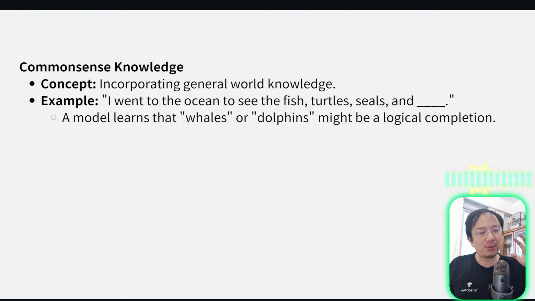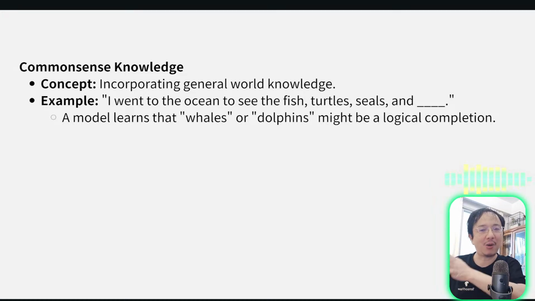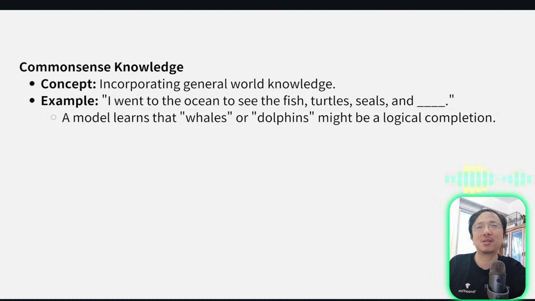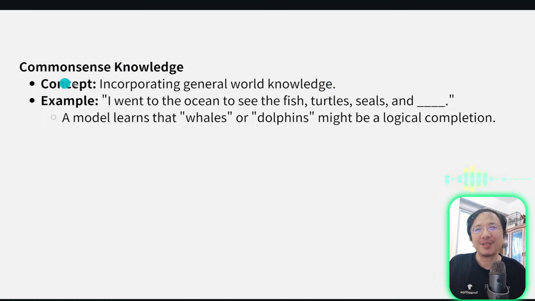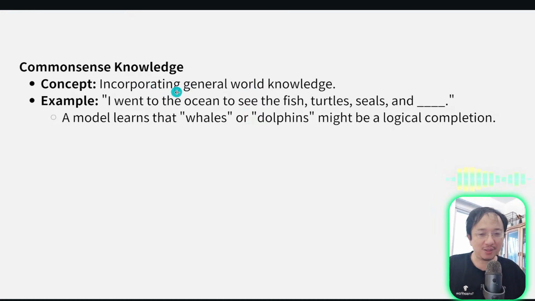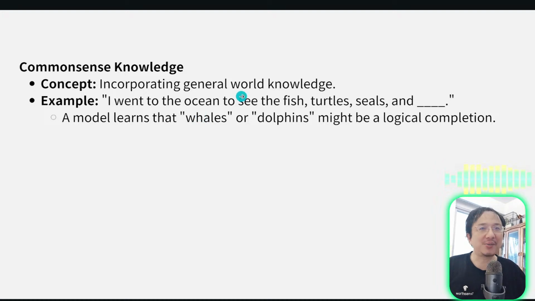It will build some world model inside the language model to actually understand what the words mean and how the tokens, the words, are related. Also, in this example, it says incorporating general world knowledge. I was probably going too far ahead saying it has a world model, but at least it definitely has some world knowledge.